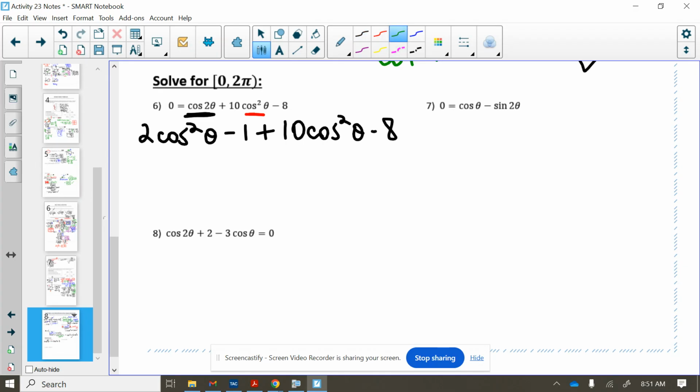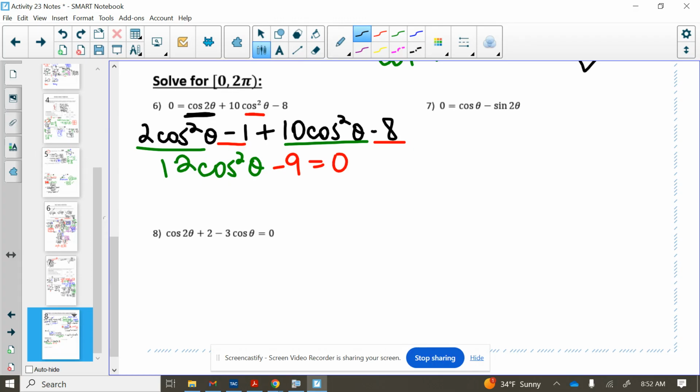So I have 2 cosine squared plus 10 cosine squared, a total of 12 cosine squareds. And then negative 1 minus 8 more is negative 9. So I have everything just with cosine squared here.